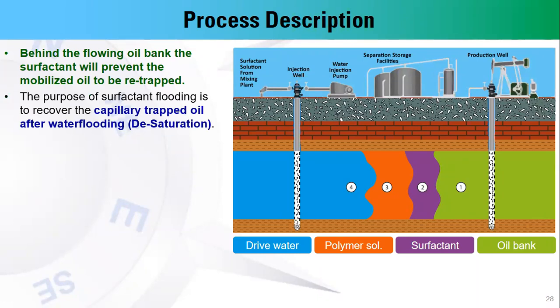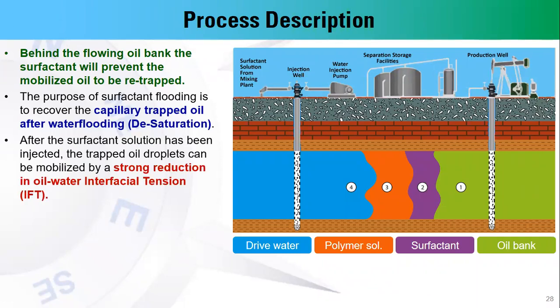This capillary trapped residual oil can be recovered using surfactant flooding by the process of desaturation, because surfactant flooding is simply reducing the oil water interfacial tension. So the capillary trapped residual oil can be recovered. This is simply due to a strong reduction in the oil water interfacial tension.